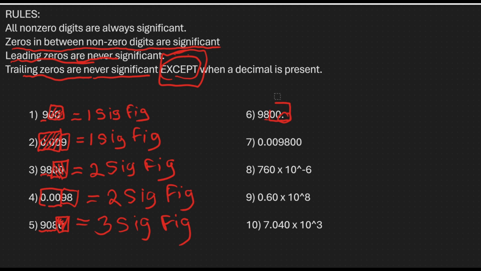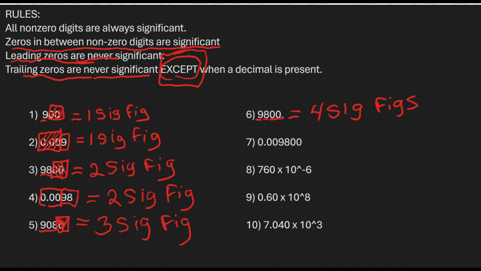Here, on example number 6, we have a decimal and we have 2 trailing zeros. And because of rule number 4, this means that the trailing zeros are significant. And we already know that the 9 and 8 are also significant. Therefore, example number 6 has 4 sig figs.